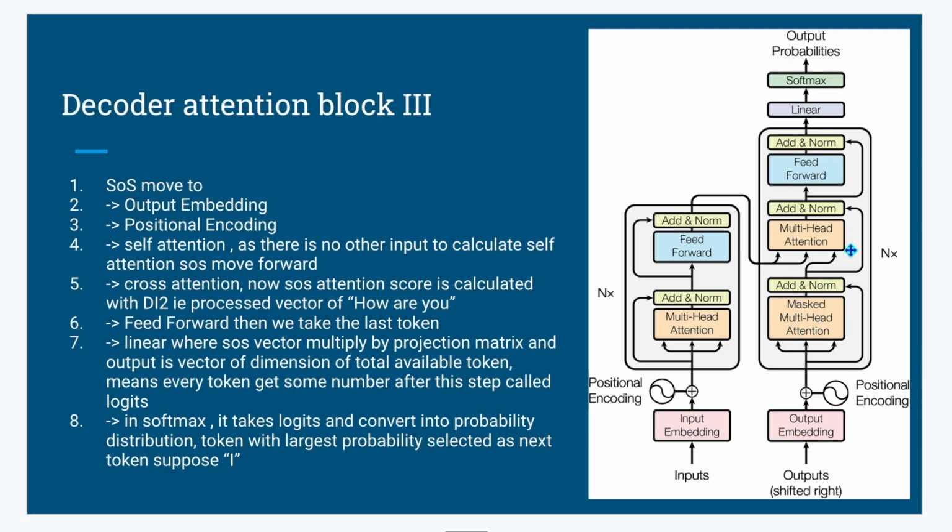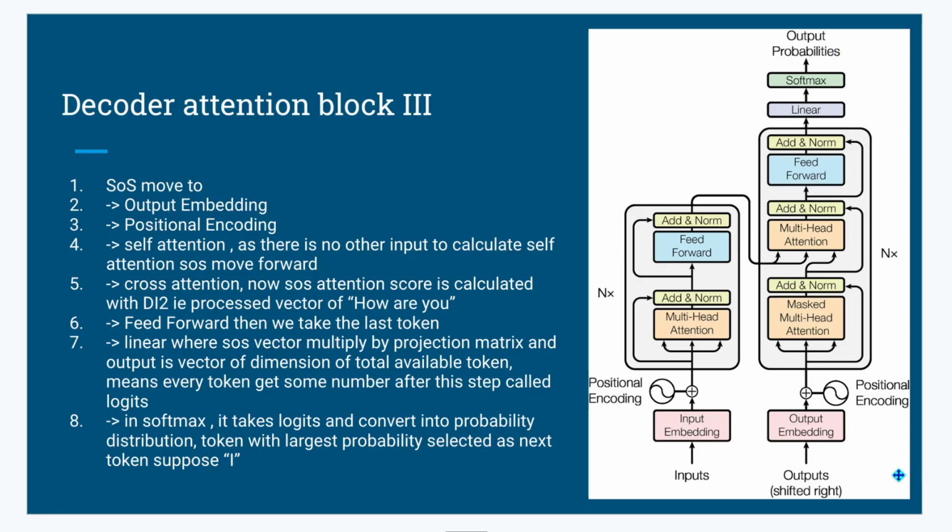Then these three vectors come to the cross attention, where attention is calculated with the encoder module, then moves to the feed forward. The output is three vectors. From the three vectors, we take the latest vector and multiply it with the projection matrix to get a multi-dimensional vector with length 30,000 tokens that we call logits. Then logits pass through the softmax and the output is a probability distribution. We select the highest probability as our next predicted token, so that is fine.